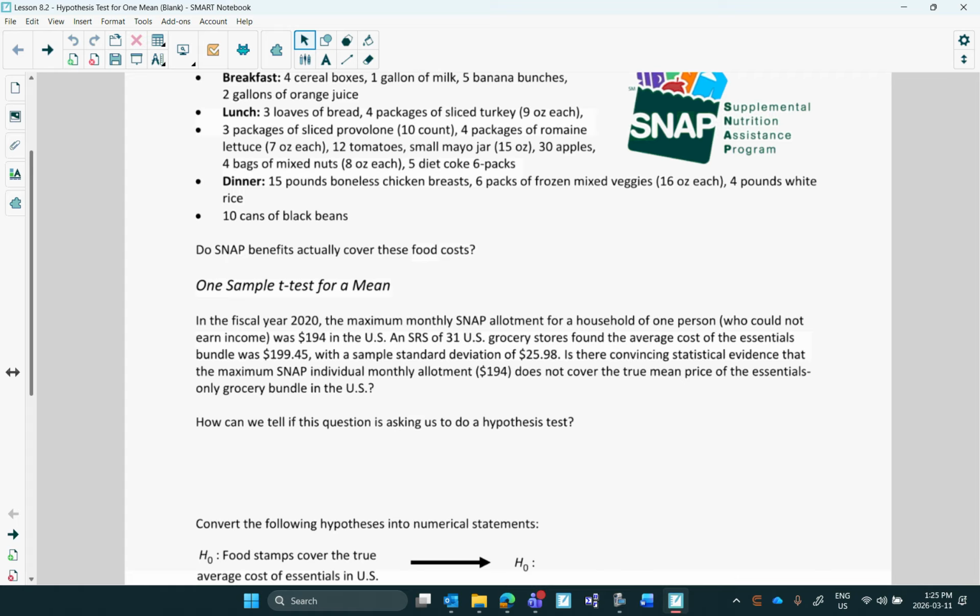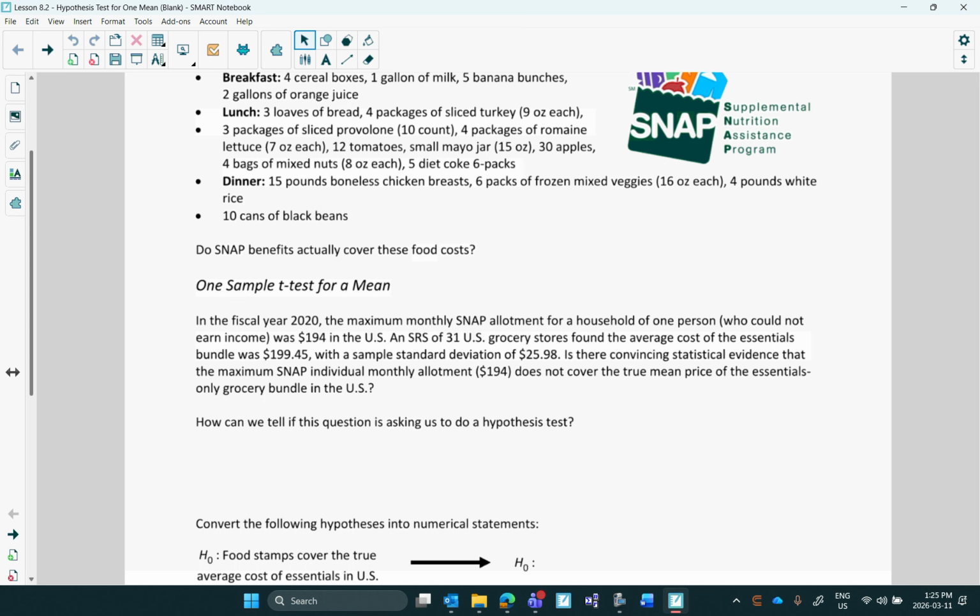was $194. But somebody did a simple random sample of 31 US grocery stores, found the average cost of the essentials bundle, all these items listed above, was $199.45, clearly higher than the $194 allotted. And it also had a sample standard deviation of 25.98.